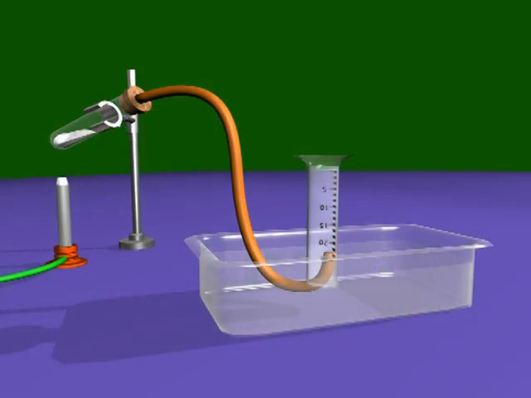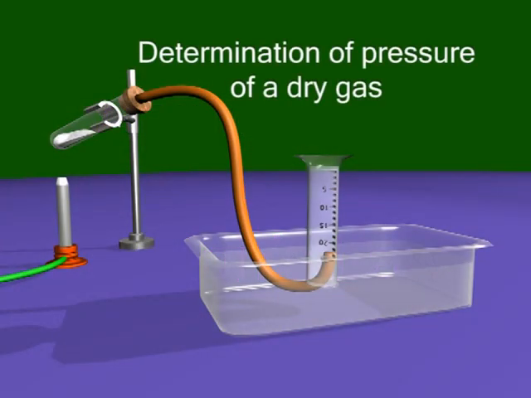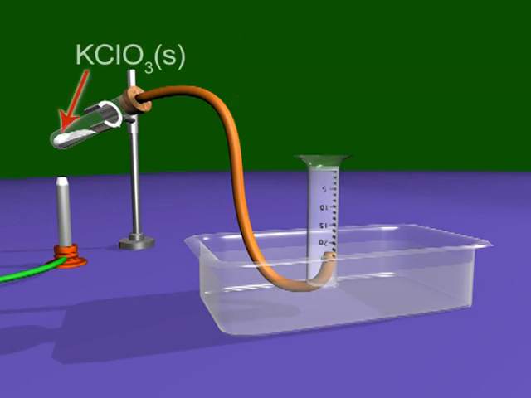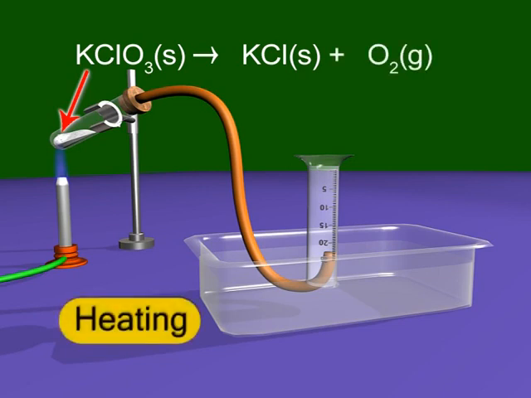Let us study the determination of pressure of a dry gas. Students, we will determine the pressure of dry oxygen gas collected over water. Potassium chlorate, that is KClO3, decomposes to potassium chloride, that is KCl, and oxygen gas when heated.